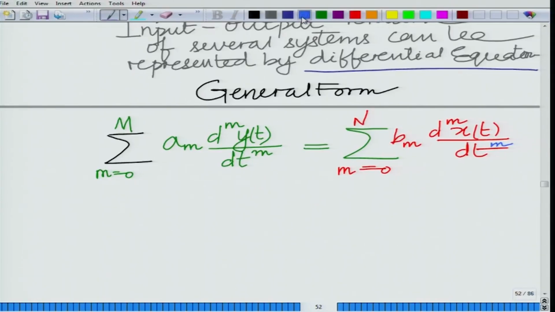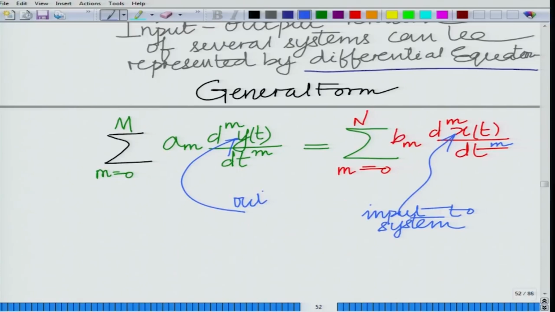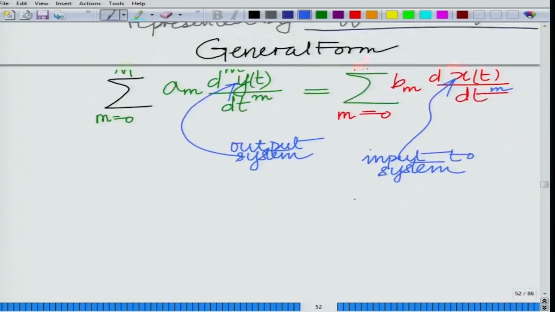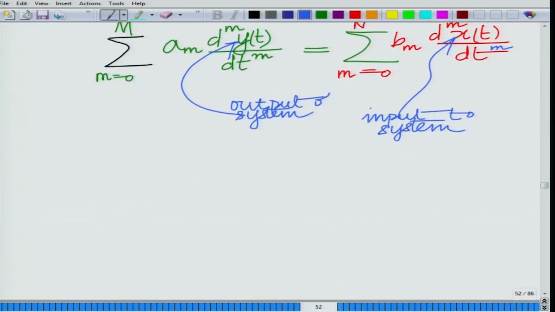And it is very clear that x(t) is the input to the system, which need not necessarily be an LTI system, and y(t) is the output of the system. We will see under what conditions this represents an LTI system.